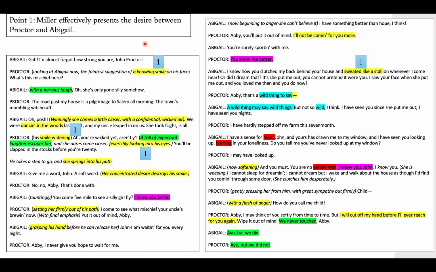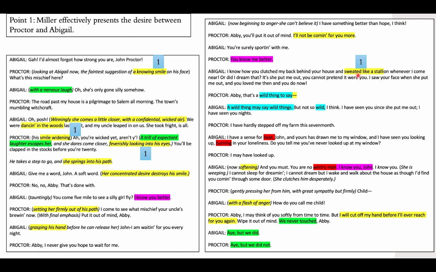So I've got here this idea of a knowing smile and the smile widening. I like the idea that we have a pattern here, but I also like the idea that it shows his initial response to her. Maybe it's a more honest response to her before he's able to catch himself and control himself. I also like the idea that we have this stage direction, feverishly looking into his eyes.